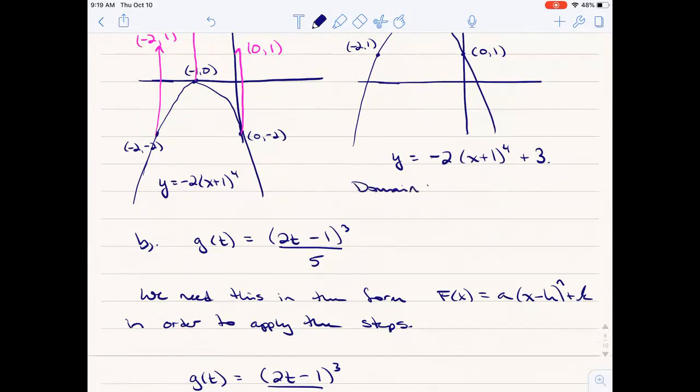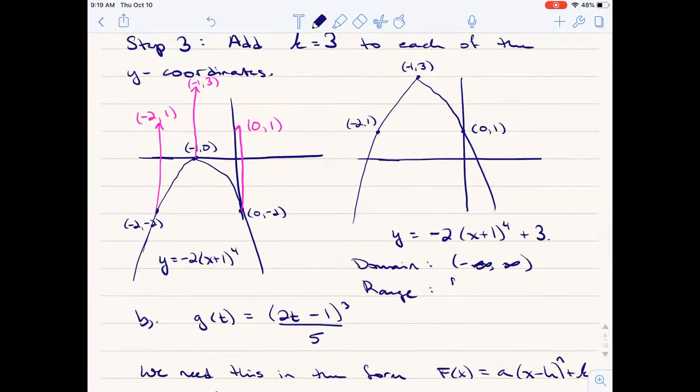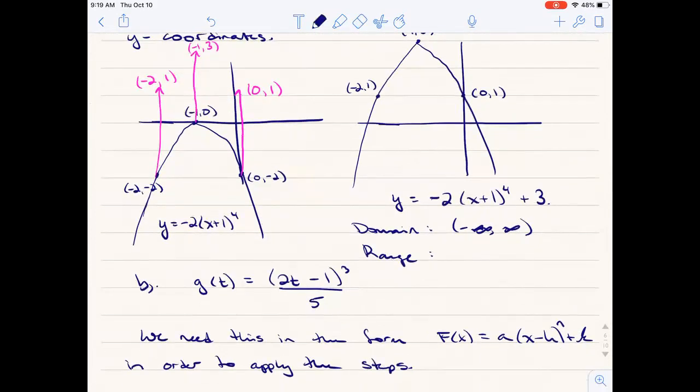The domain is negative infinity to positive infinity, and the range is what? Up to y equals 3 and everything below it. So start the other way: negative infinity up to 3 inclusive. Sorry, you'll have to flip back, but I forgot.